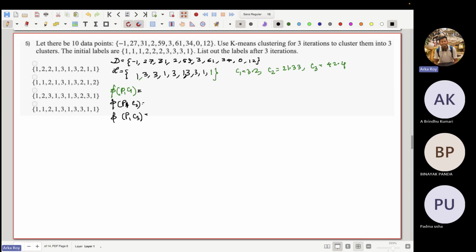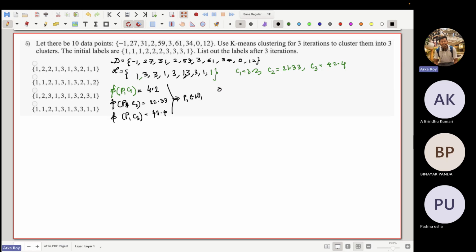If you solve this, you will get 4.2, 24.2, sorry, 22.33 and 43.4. So from this, you can understand that P1 belongs to omega 1.